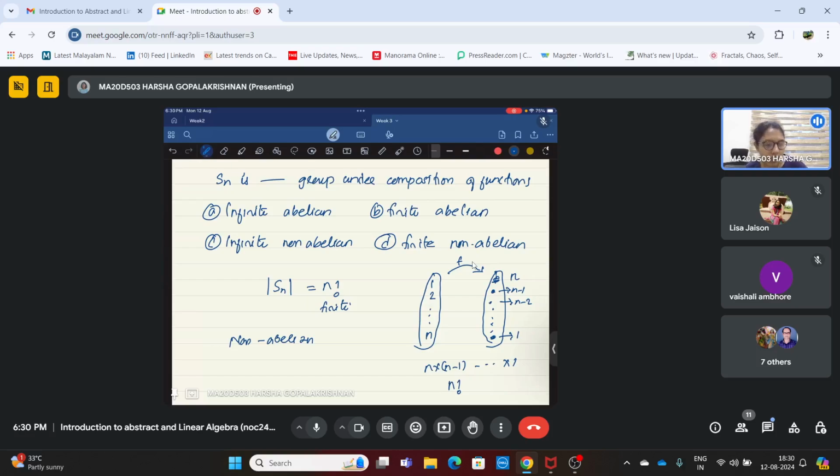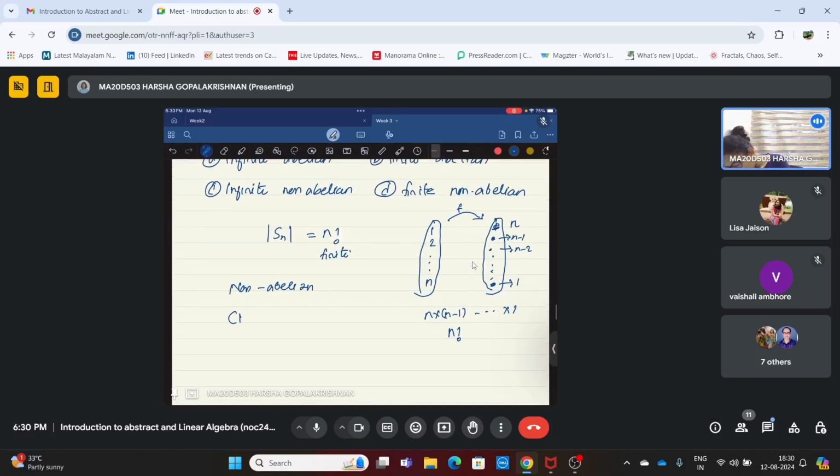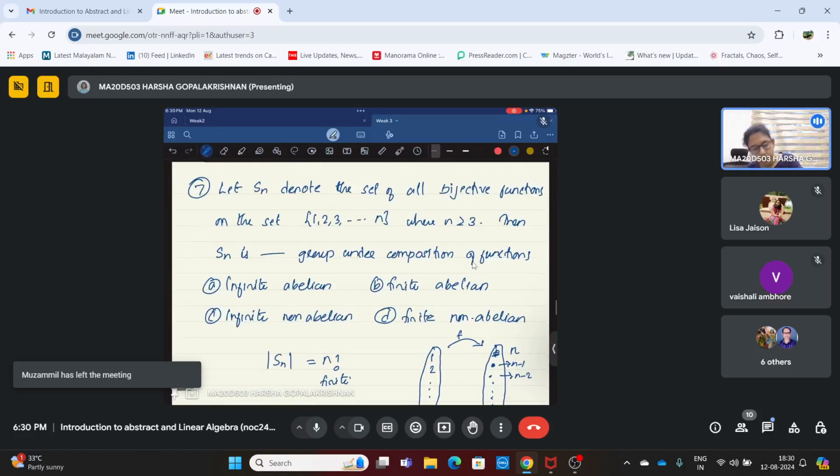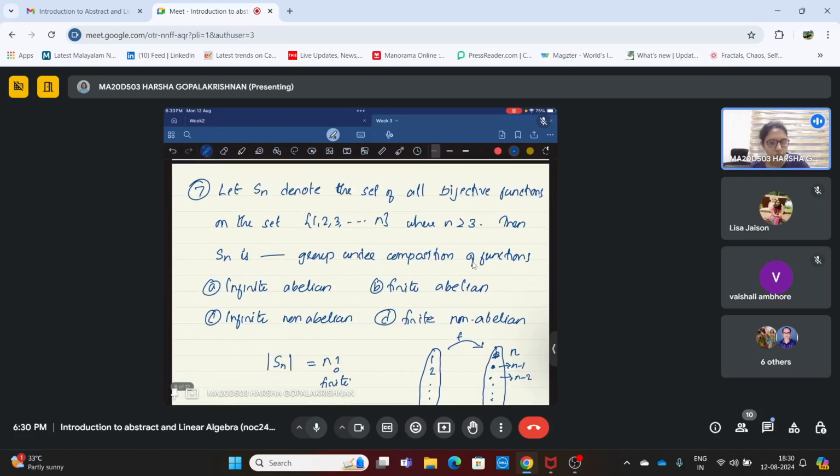It is better to always give an example. Let's see one example such that f composite g and g composite f are different. It is given Sn for n greater than or equal to 3. Actually, for any Sn with n greater than or equal to 3 it is non-abelian.